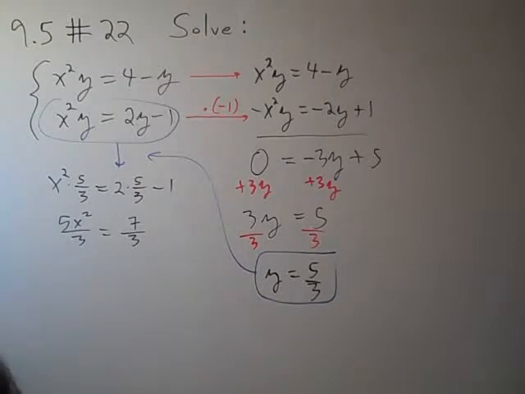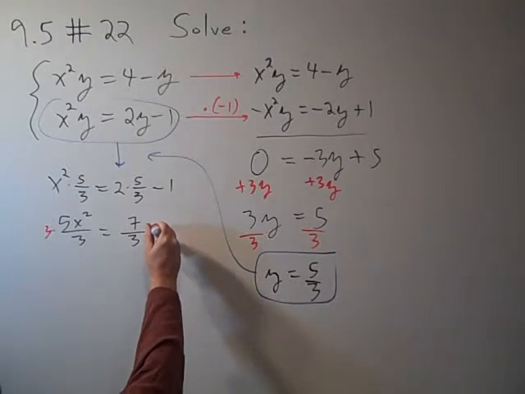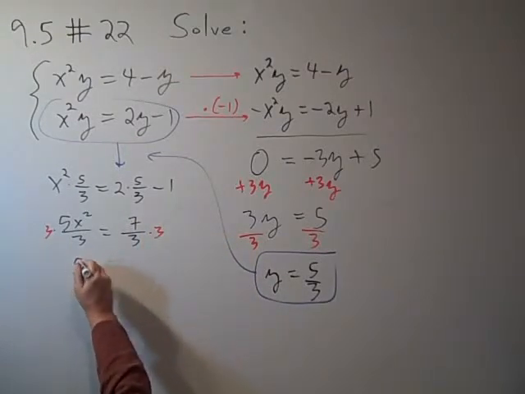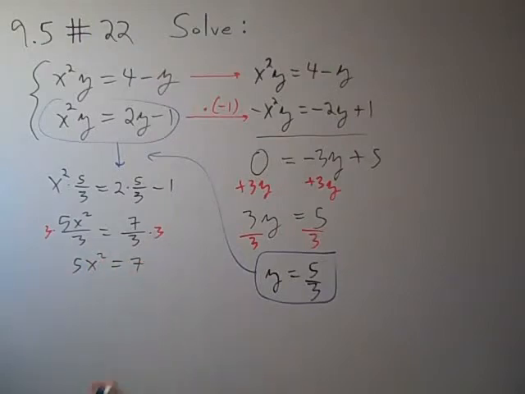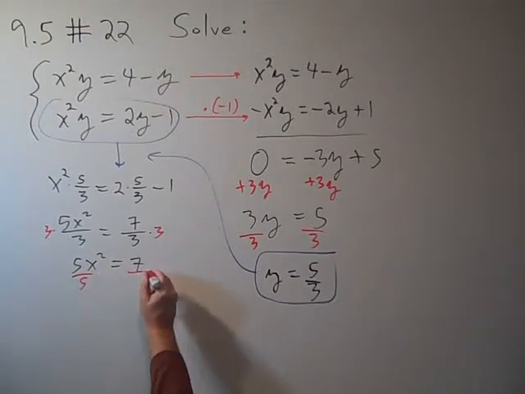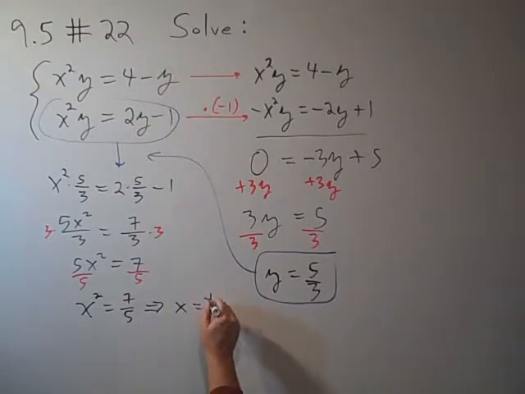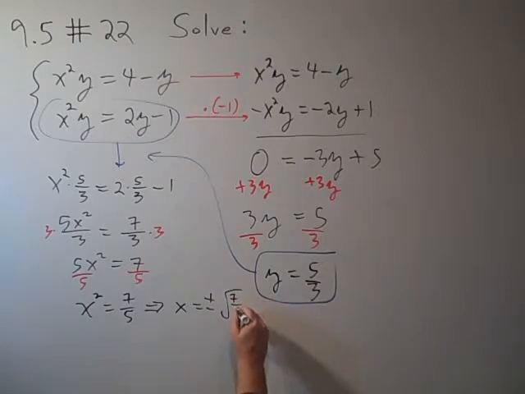So multiplying both sides of this times 3, the 3's cancel, so we're left with 5x squared is equal to 7. Dividing by 5, we get that x squared is equal to 7/5. So x is equal to plus or minus the square root of 7/5.